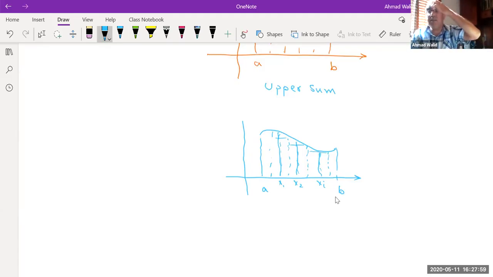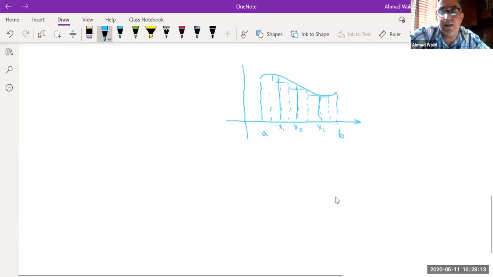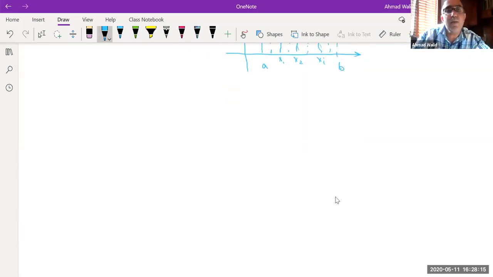We call this the half or the midpoint method for calculating the area under the curve. I will show you in different examples. I know I explain a lot here, maybe it's not clear for you.